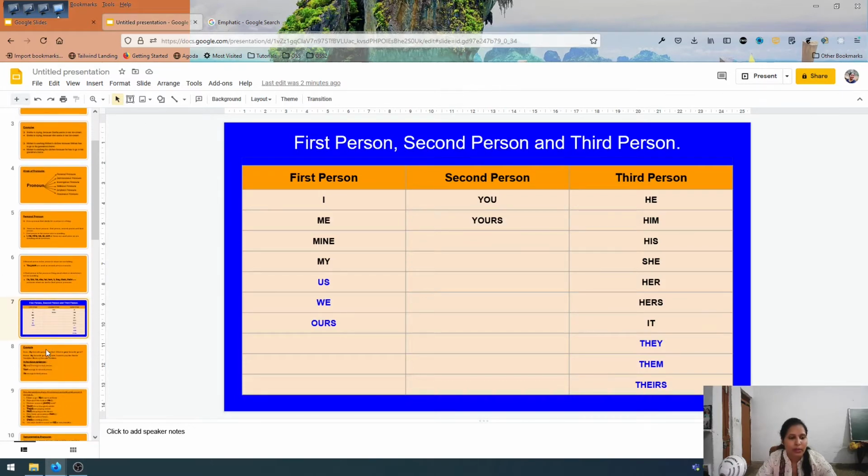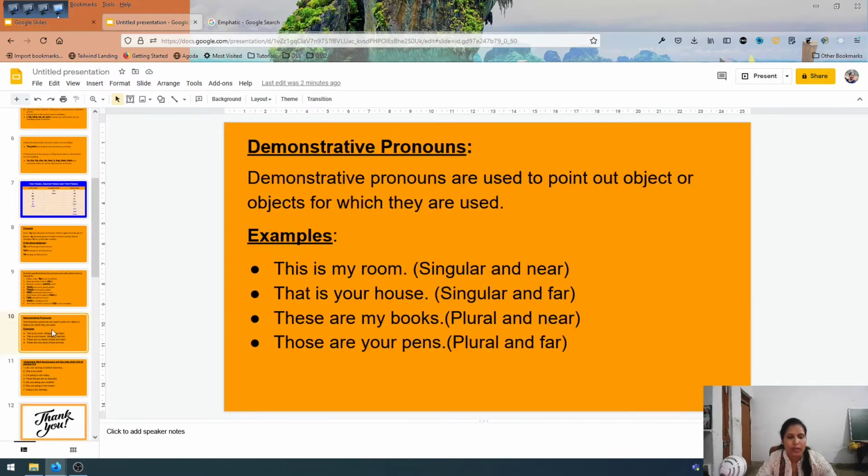Apart from this, we also saw what is a demonstrative pronoun. So demonstrative pronouns are used to point out the object or objects for which they are used. For example, we use this to show something which is near to us and it is singular. We use that when something is far from us and it is singular.